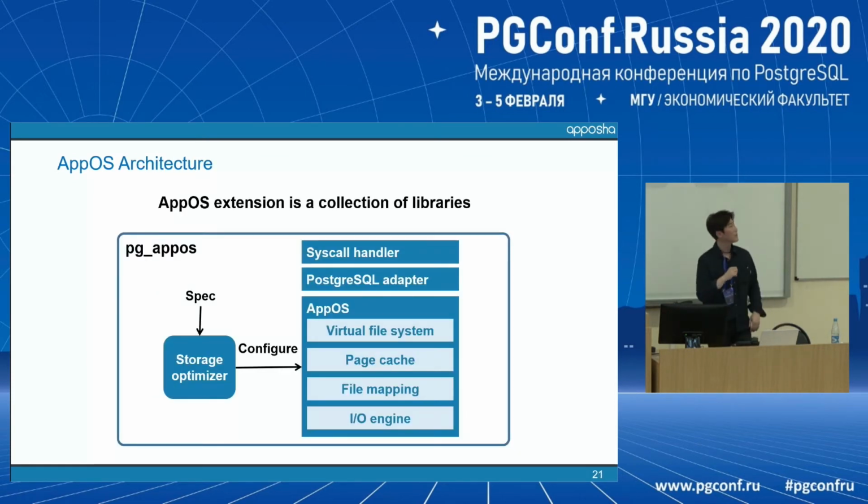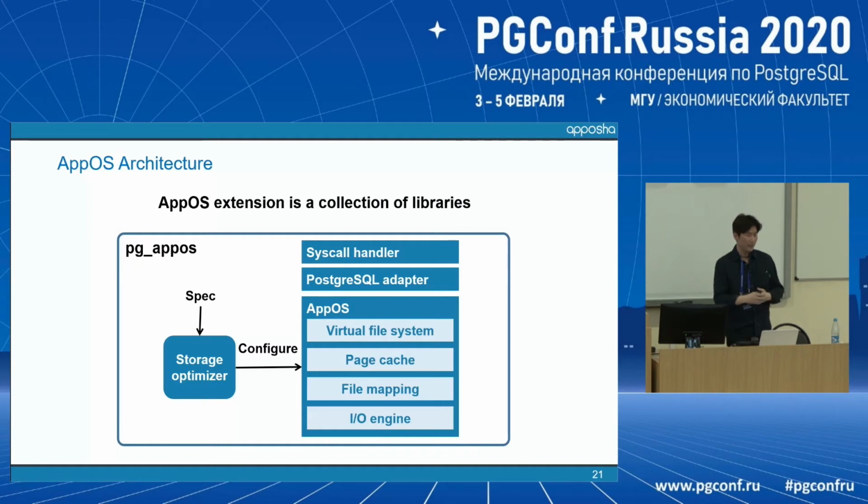So this is the architecture diagram of AppOS. Basically, the extension is just a collection of libraries. At the top, in order to work transparently without modifying PostgreSQL, we intercept system calls. We have a system call handler library, and the main role of this library is to intercept system calls and emulate things like signals.